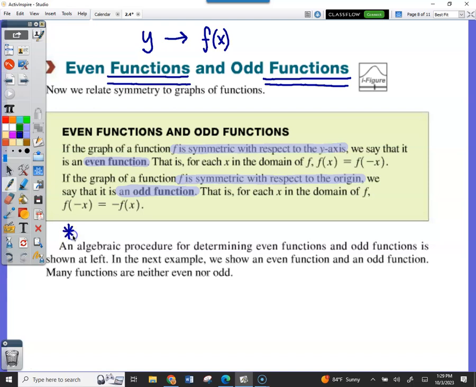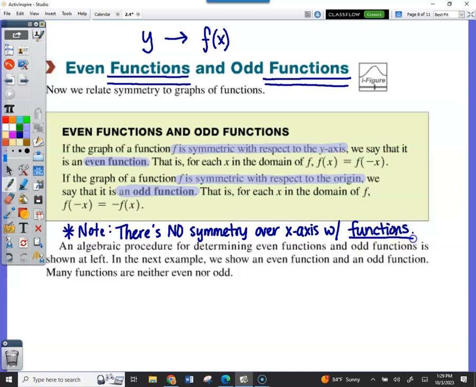Let's put an asterisk and say note. There's no symmetry over x-axis with functions. Now with equations, yes, but with functions, no. Because the x's are not supposed to repeat anyways.